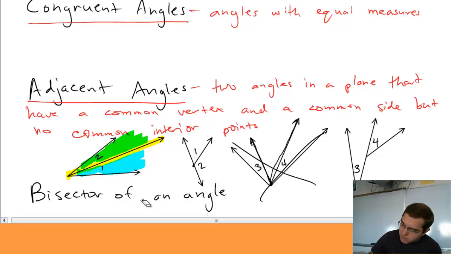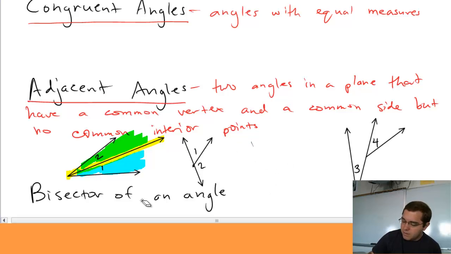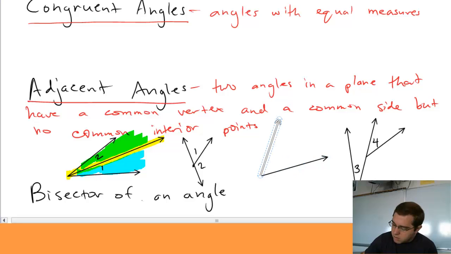Now what about this no common interior points thing? Why do we need that? Well, let's look at this example. Let's say this angle is angle 3, this whole thing is angle 4. Now they share a common vertex.